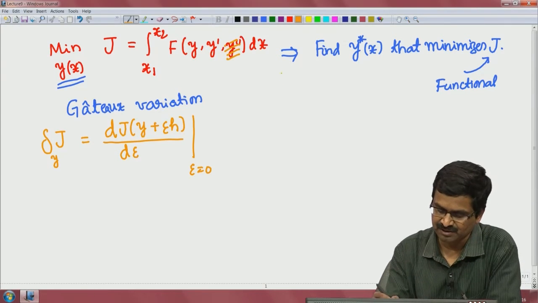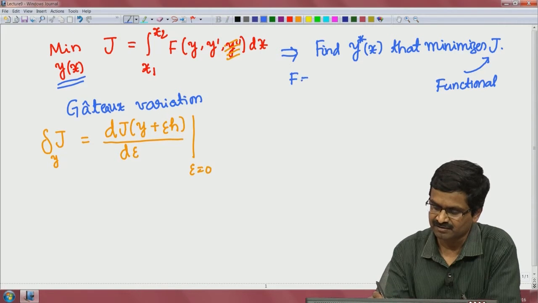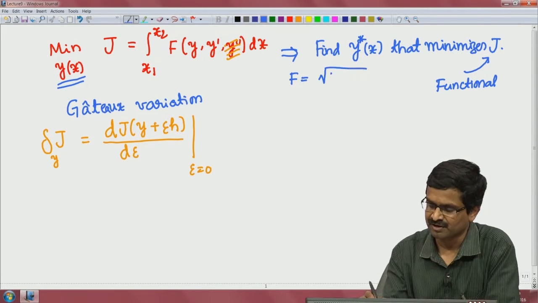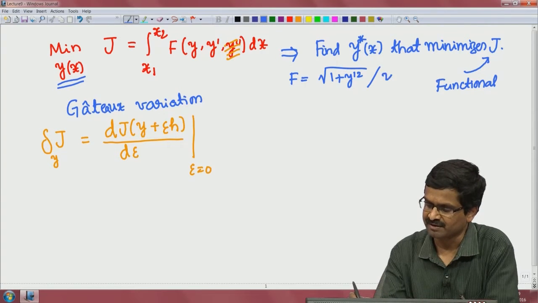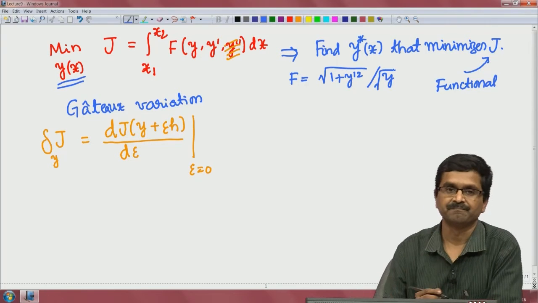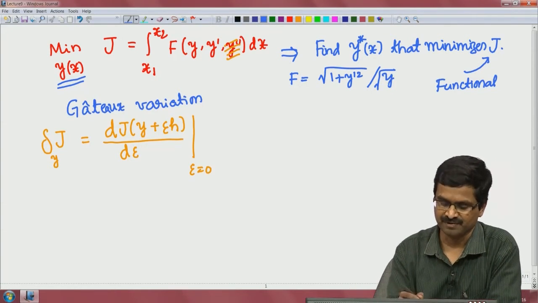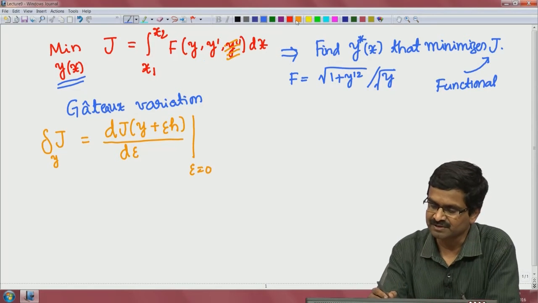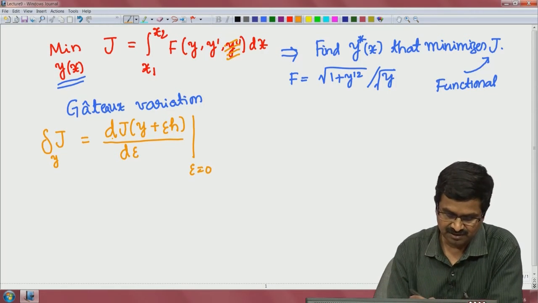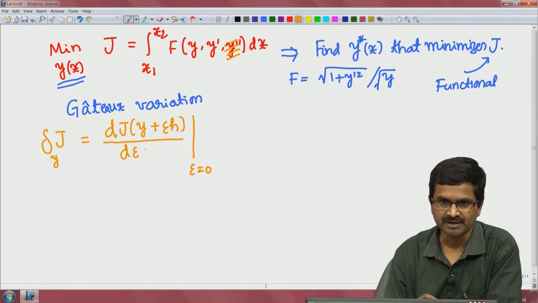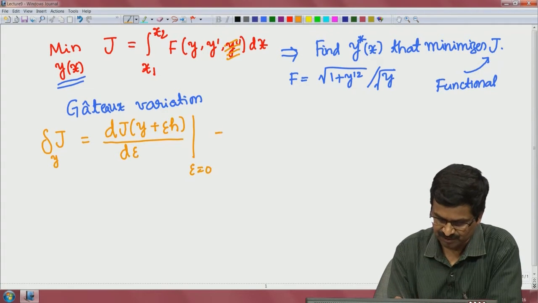So, an example that we had taken last time was that this f can look like this, square root of 1 plus y prime square divided by, let us say, square root of y. Now, this f is a function of y and y prime, that is what we have written. If we have something like that, based on this definition of Gateaux variation, let us do it for this problem. Okay.